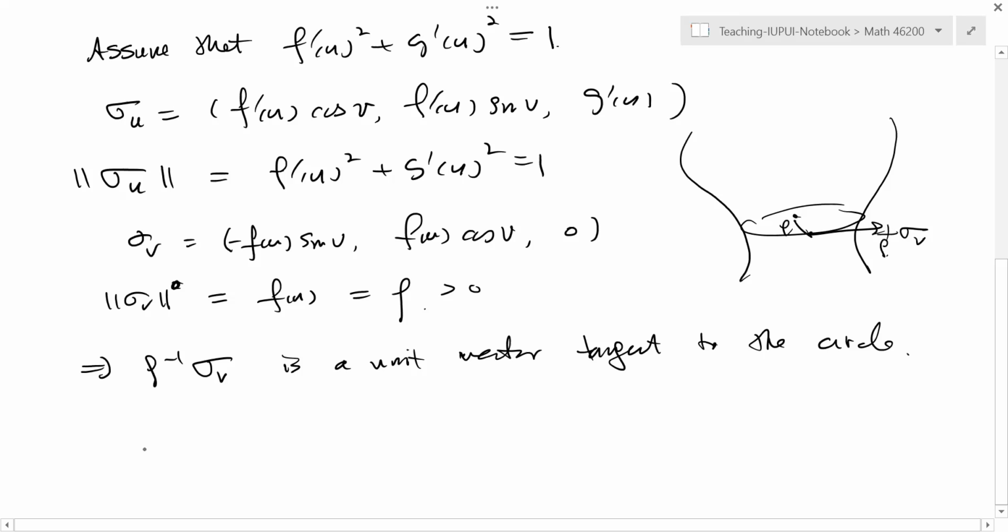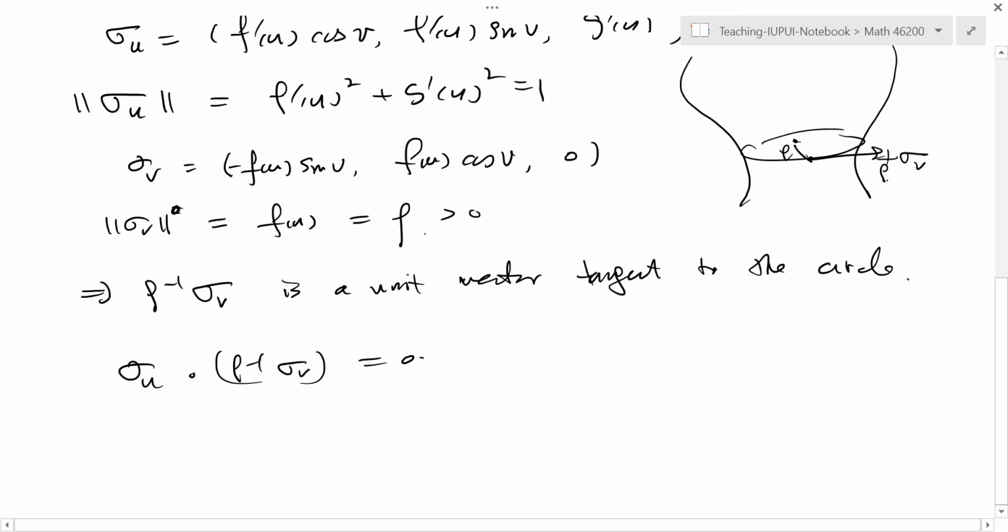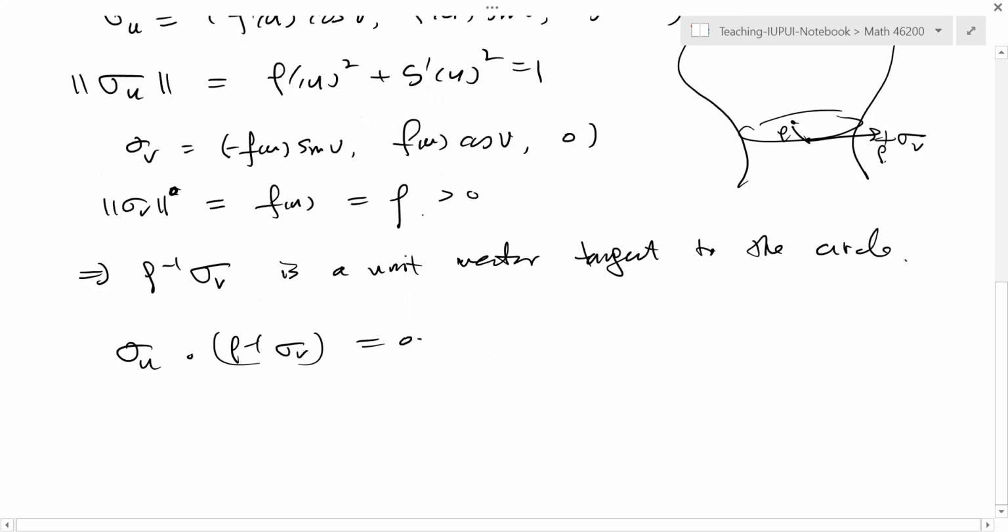We know that sigma u dot sigma v is 0; they're perpendicular. Of course, if you want to talk about the first fundamental form, it depends how you write it.